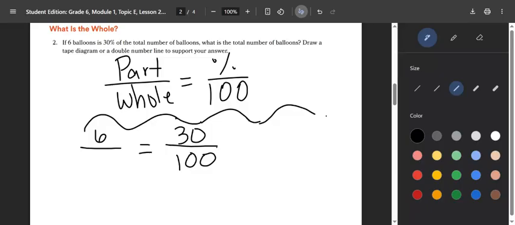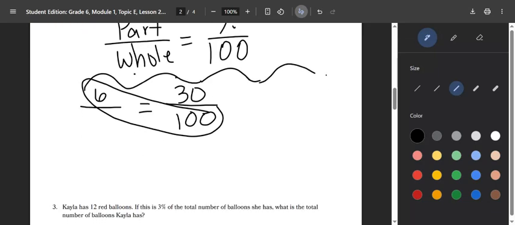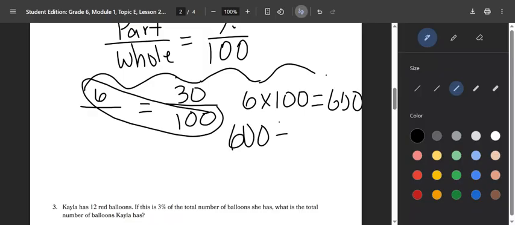So let's do 6 times 100, which is 600. And then 600 divided by 30 is 20.